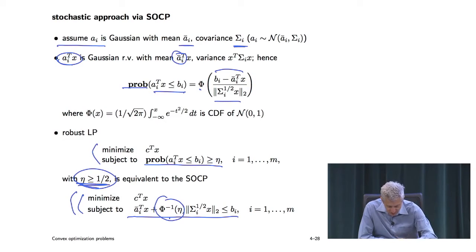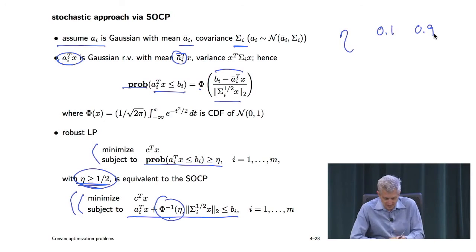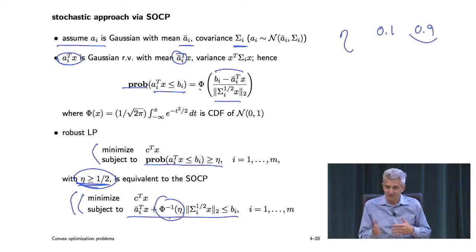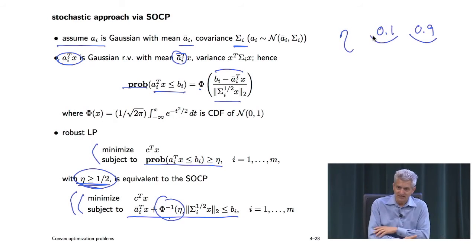So you get a very strange thing. Let's write down some values of eta here: 0.1 and 0.9, right? So there's asymmetric interest in whether we can solve this problem. That's interesting because that's robust optimization. That says I want the constraints to hold 90% of the time, they can violate 10. I don't want this, unless I'm absolutely desperate.